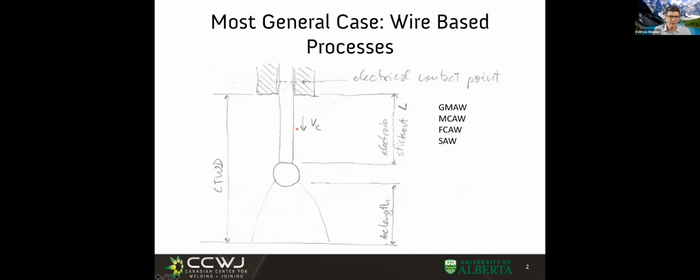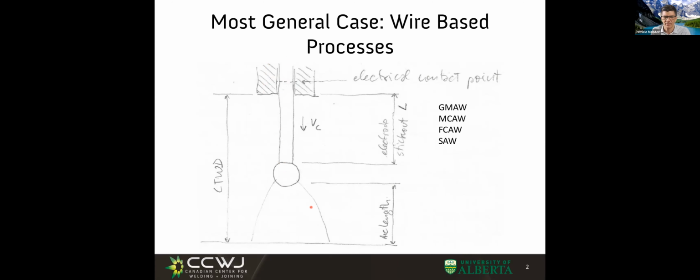So in this schematic, I have the electrode, I have the droplet, the wire is coming in and melting, and the droplet will fall, and the current comes from a contact tip that is shaded here, that is copper. Electricity comes through here, goes through the electrode extension or the electrode stick out, and then the current comes out into the arc.